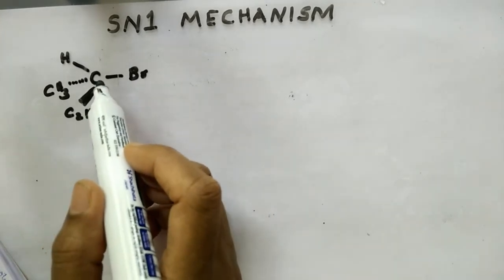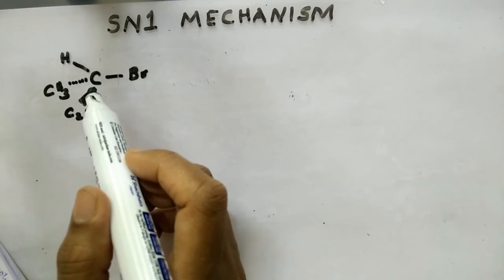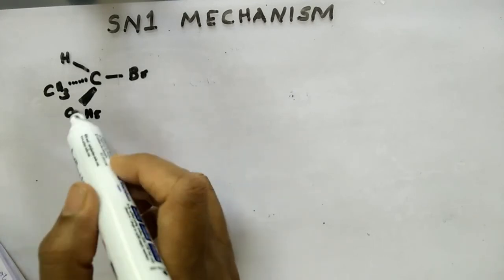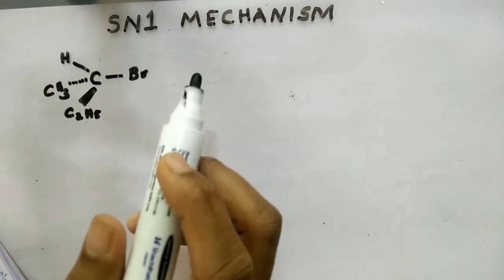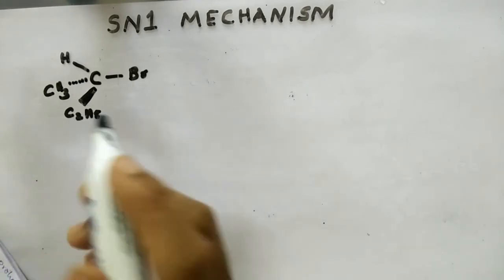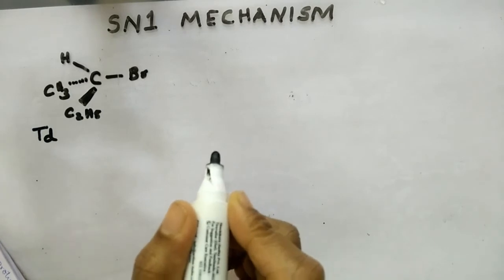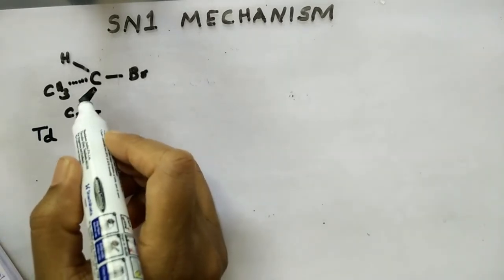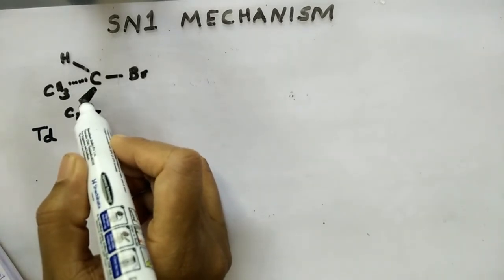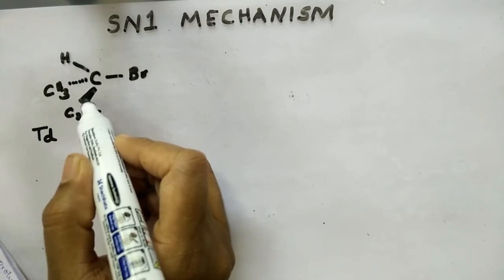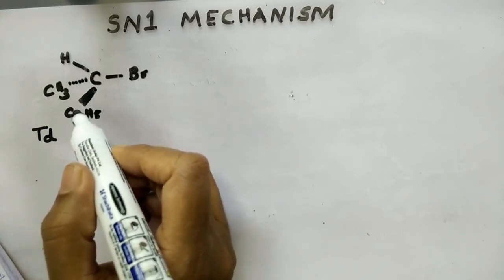And one more thing is that the carbon atom is sp3 hybridized because only single bonds are there. Here all the four bonds are single bonds. So the geometry, sp3, means tetrahedral geometry. This is a solid wedge, which represents the bond coming out of the paper.